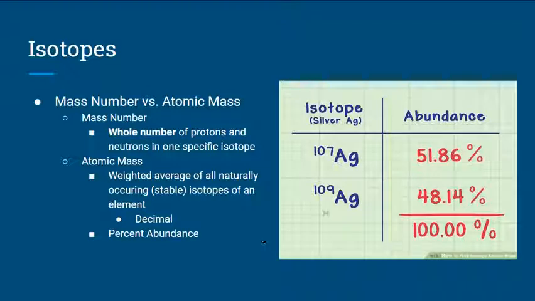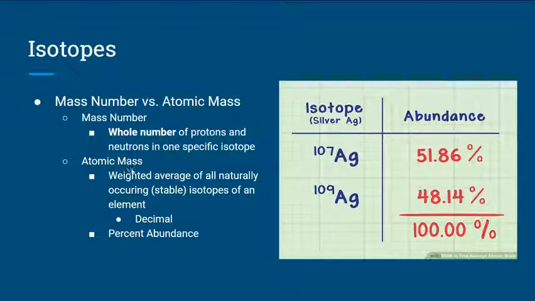So here in this image off to the right, we've got 107 in the top left corner, superscripted here for silver. And then we've got an isotope of silver that's got a mass number of 109. Again, these whole number values, right? So both of these are naturally occurring versions of a silver atom, and this one has two additional neutrons, and they both would have the same number of protons.